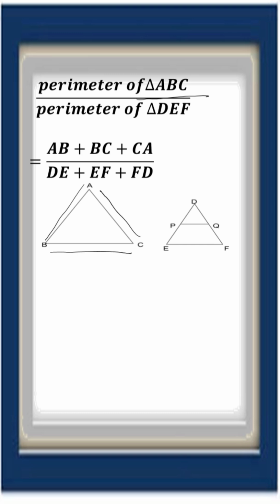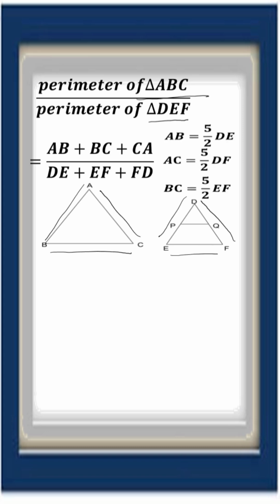Perimeter of triangle DEF is equal to DE plus EF plus FD. But we know that AB is equal to 5 by 2 DE, AC is equal to 5 by 2 DF, BC is equal to 5 by 2 EF.